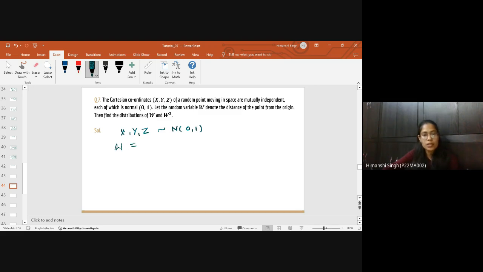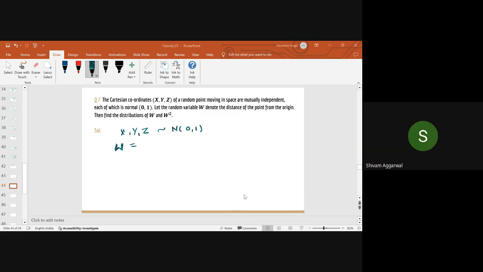If I need to find the distance of the point x, y, z from the origin, what will be W? The square root of x square plus y square plus z square.